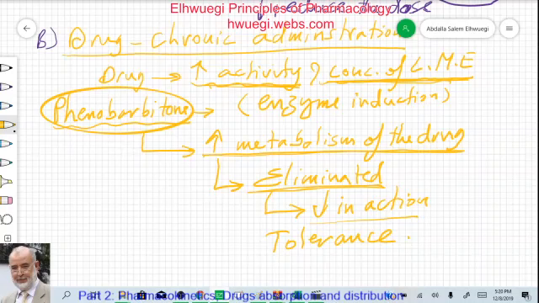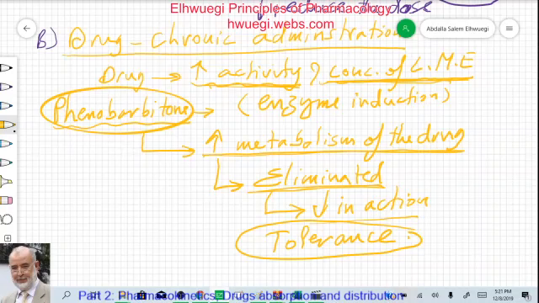This tolerance means that the dose that can produce an action, after repeated administration, the effect will start to disappear. بالعربي نسموه تحمل. Okay? Tolerance. This tolerance took place at the site of metabolism.